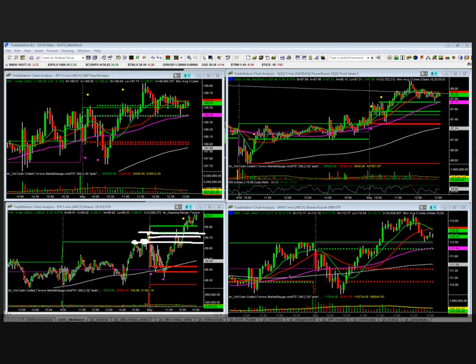All right, so here's an example of good relative strength, opening range reversal by virtue of the fact that it didn't take out the opening range by all that much. All right, in an environment where the market did.